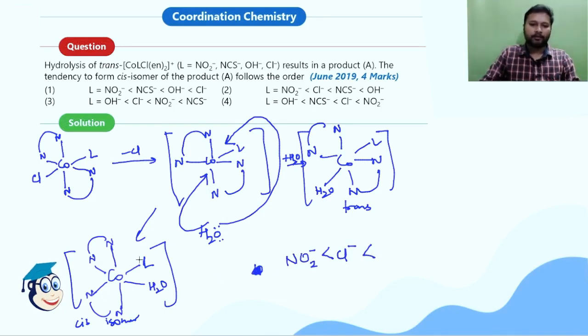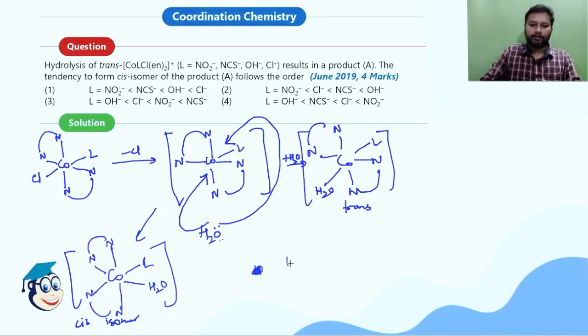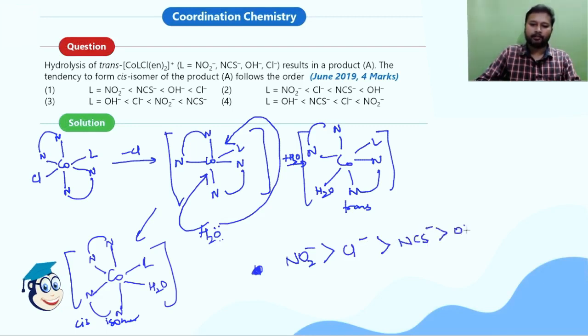So basically, if you look at the trans series, you will find that NO2 is highest in that. That means the tendency of removal of the ligand present trans to it is highest if NO2 is present. Then you have chloride, and then you have NCS minus, and then you have OH minus.